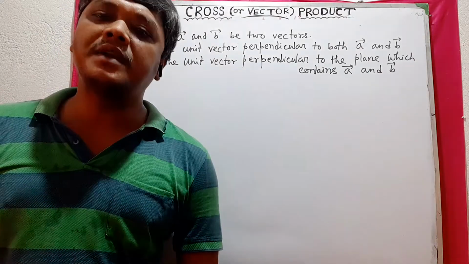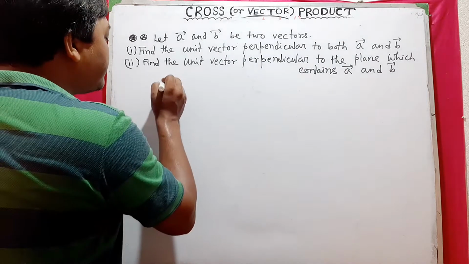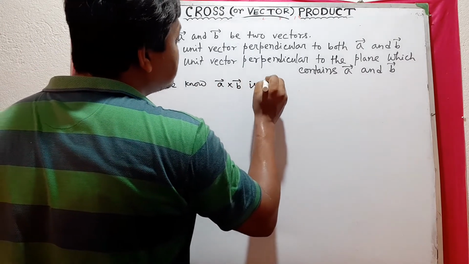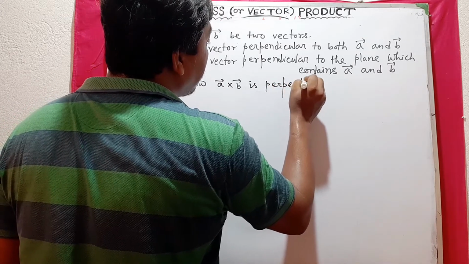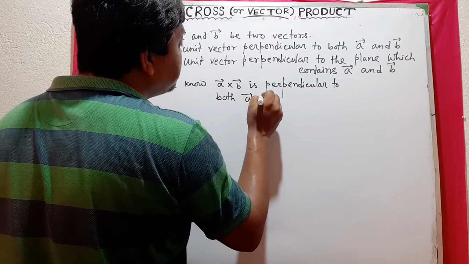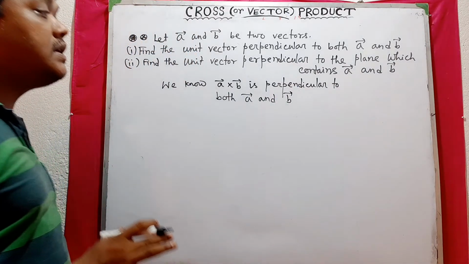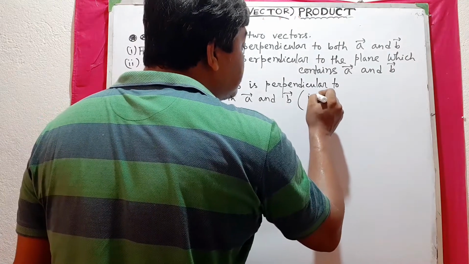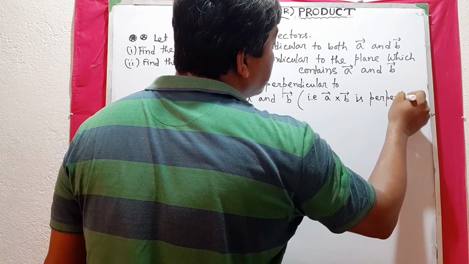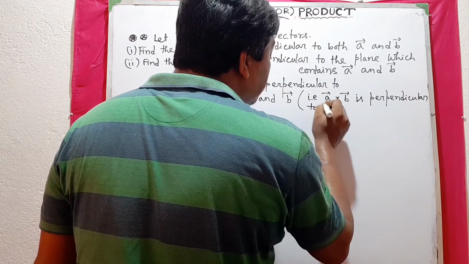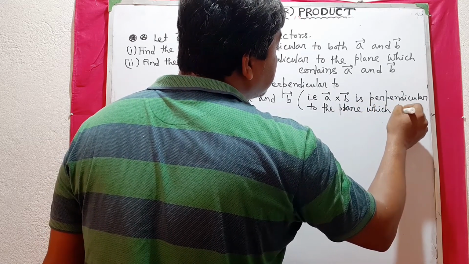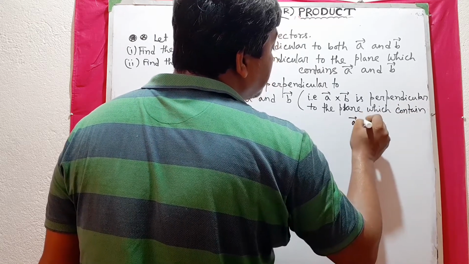A cross B vector is perpendicular to both A and B. So we know that A cross B is perpendicular to both A and B, or you can say A cross B is perpendicular, বা এখানে আমরা লিখছি that is, A cross B is perpendicular to the plane which contains A and B vector.